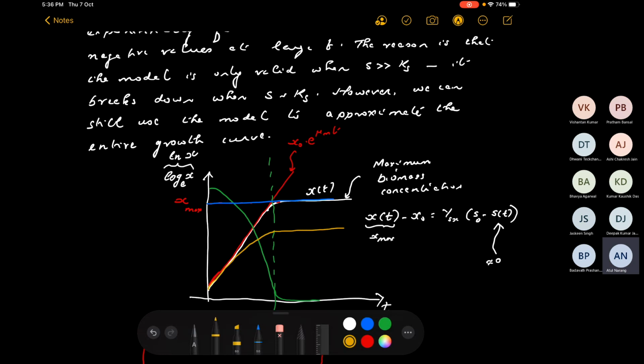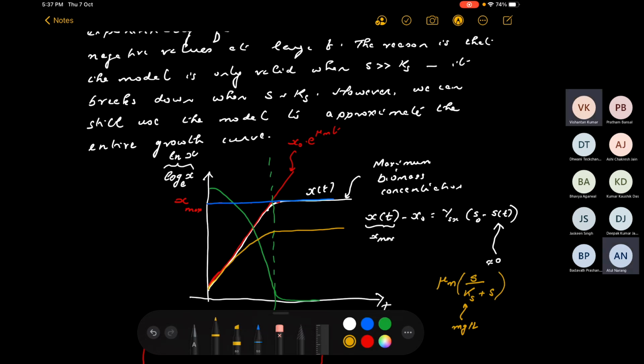So essentially, I'll put it here: mu equals mu m S over Ks plus S. If Ks is really, really small, on the order of milligrams per liter, then this fraction, S over Ks plus S, will not become less than 1 until S has values on the order of milligrams per liter.